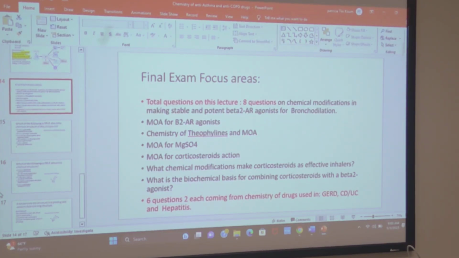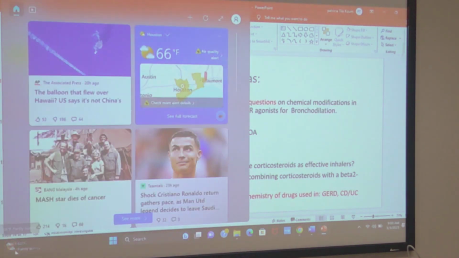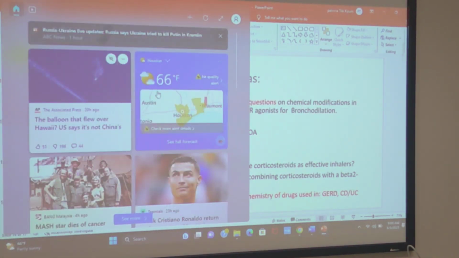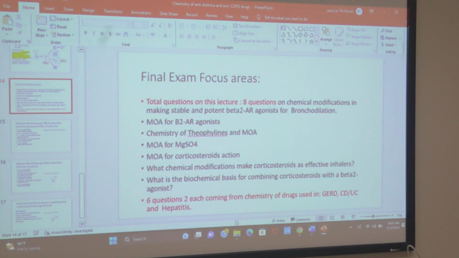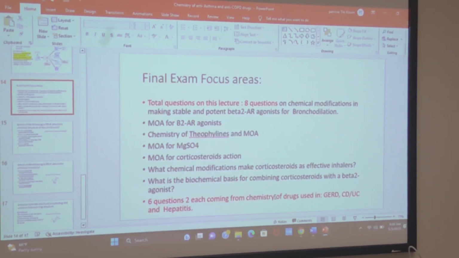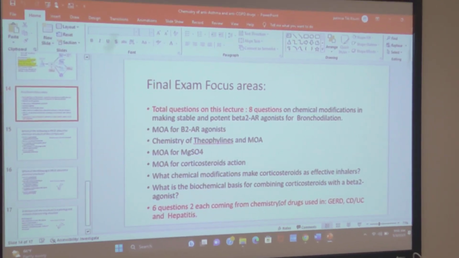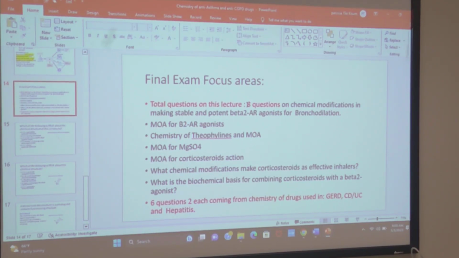Previous topics, 2 questions from chemistry of drugs used in GERD, CD, UC, and hepatitis. So 2 questions each. Then here, 8 questions on chemical modifications in making stable modifications we talked about.